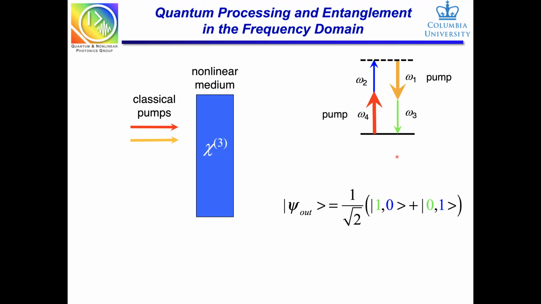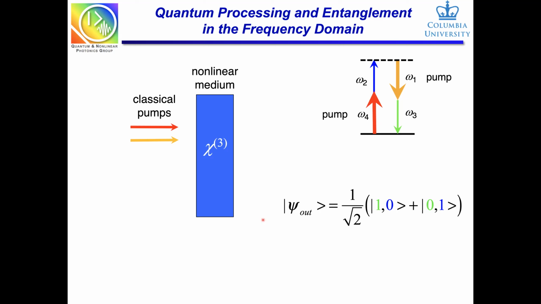And here, what I'm going to be telling you about today is a type of entanglement that can occur in the frequency domain. Everything is completely analogous to what you might think of in terms of the spatial domain. What it all boils down to is creating a beam splitter, just like I showed you there, but in the frequency domain. Here I've drawn the beam splitter that we'll be studying.